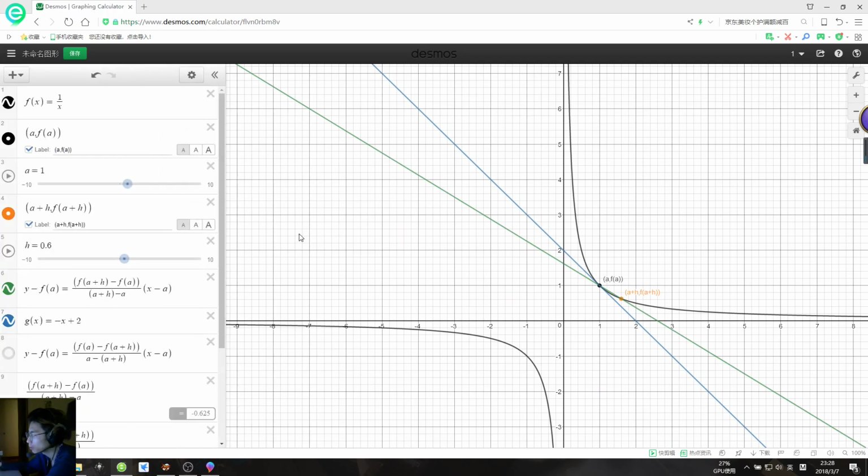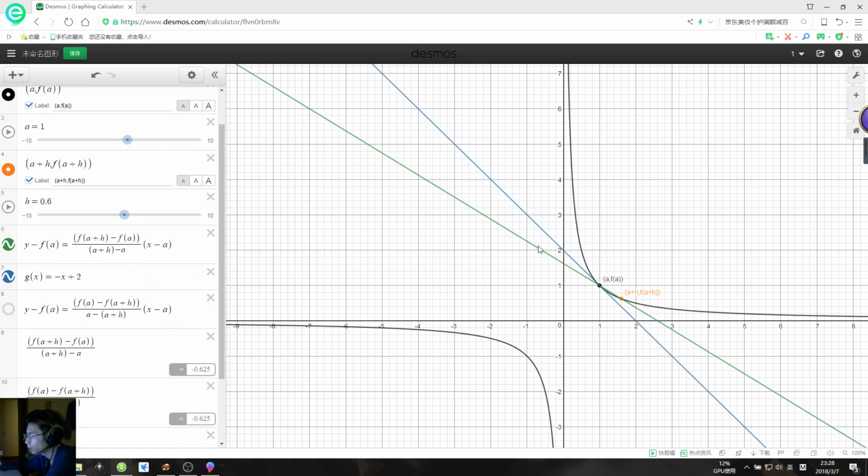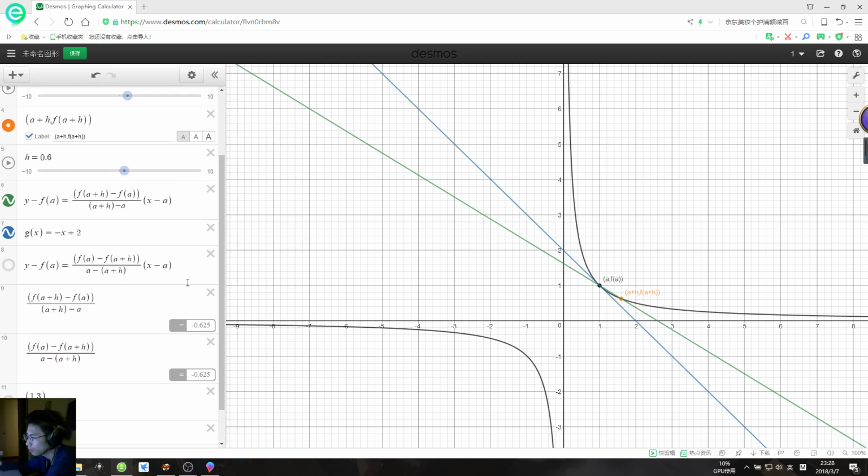I can calculate the slope of those two lines. I cannot calculate the tangent yet, so I need to calculate the slope of the secant first. So here's the formula that I use to calculate the slope.